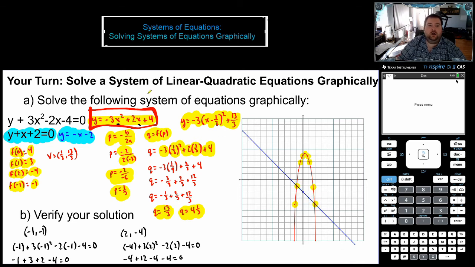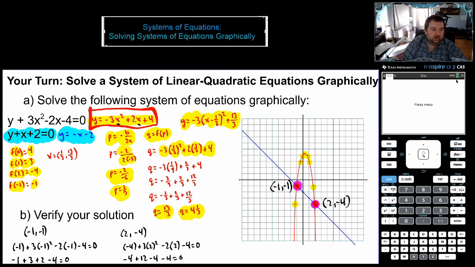And so where are our areas of intersection? They should be quite easy to spot, right there and right there. That's where the two intersect. And what are those points? Well, our first point there is 2 and -4, and our second point here is -1 and -1.